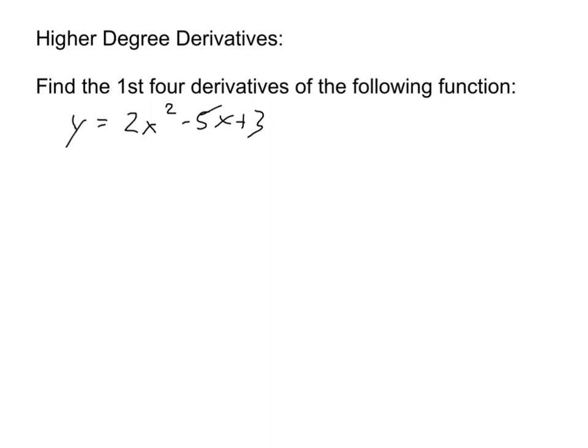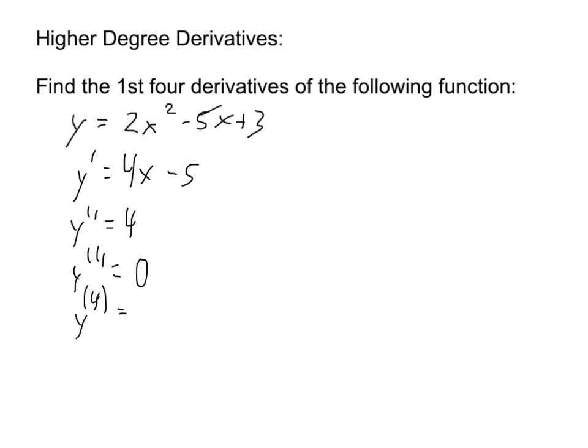Hopefully you did 2 times 2, y prime equals 4x minus 5, y double prime equals 4, which means the third derivative, or triple prime, equals 0, which means also the fourth derivative is equal to 0.